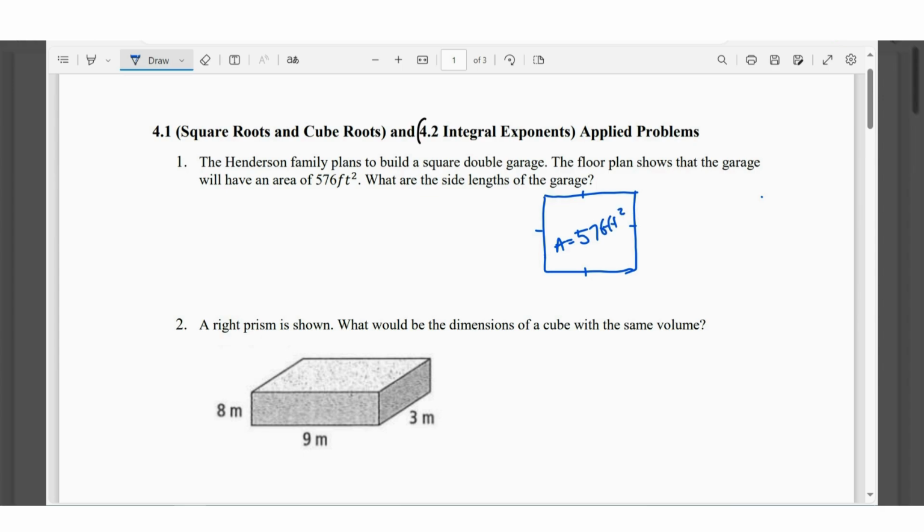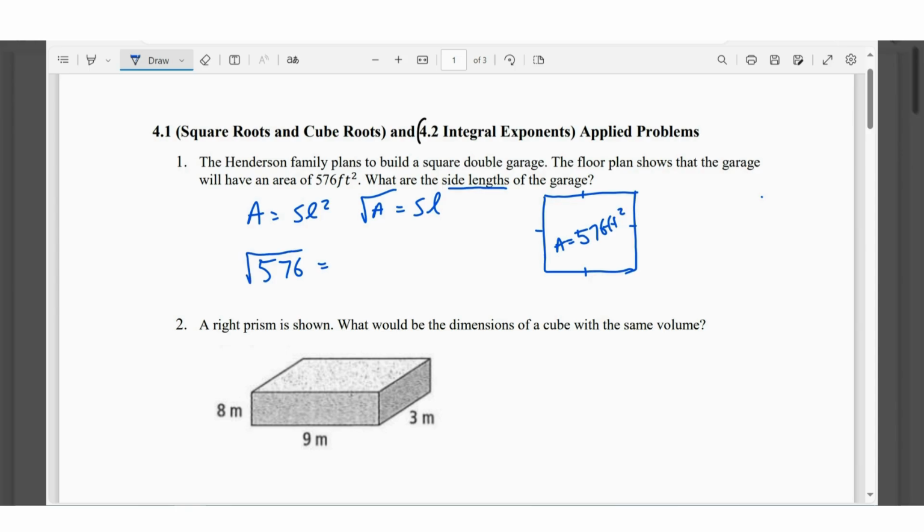To solve this, you'll need to recall the relationship between the area and a side length: the area is the side length squared, and the square root of the area gives you the side length. So we currently have the area, 576, and if we take the square root of that, it'll give us the side length.